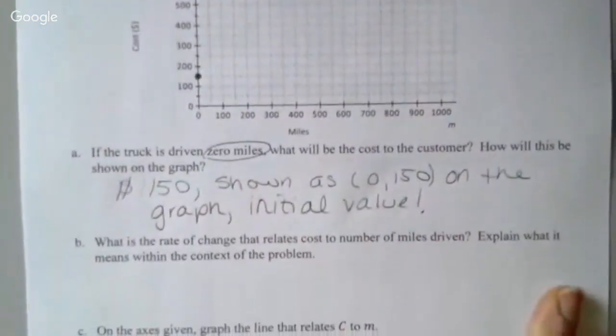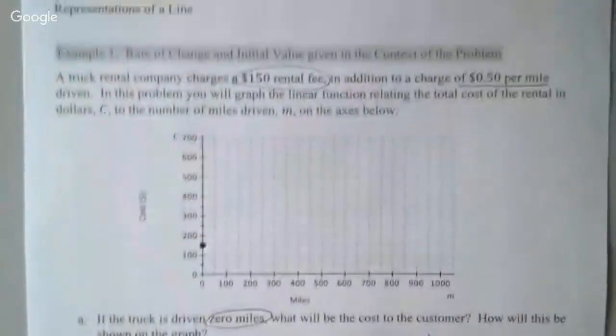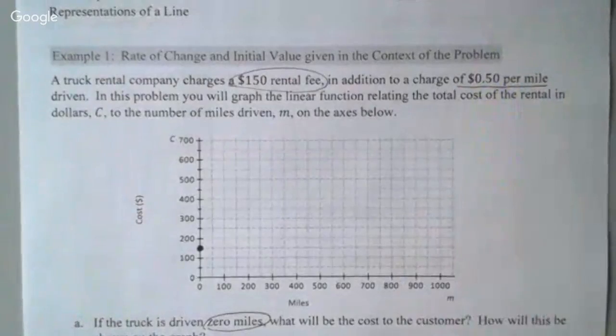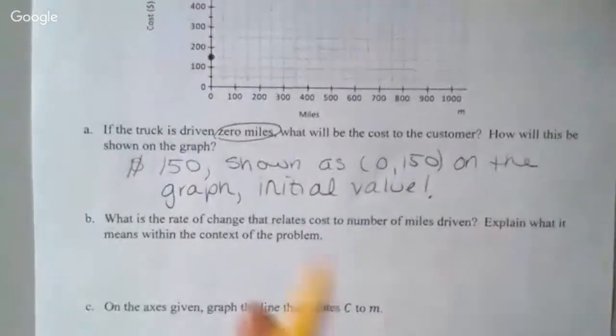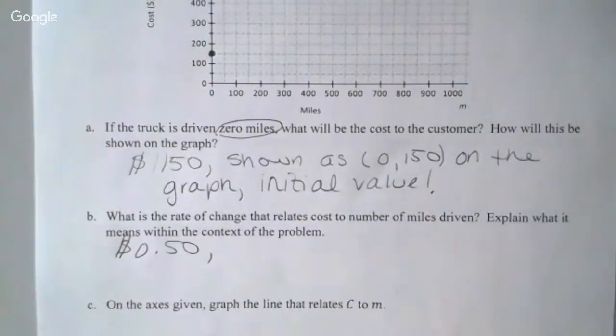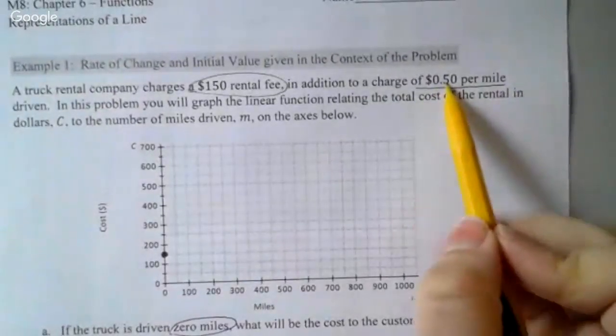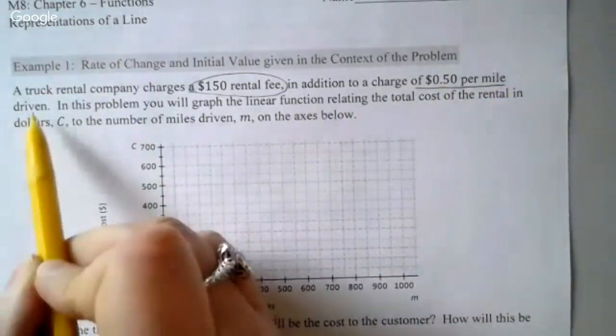Okay, and then it says, what is the rate of change that relates the cost to the miles driven? So if we go back up and look, our rate was 50 cents per mile. So 0.50. Explain what it means within the context of the situation. So that was supposed to be a 50-cent charge per mile driven.